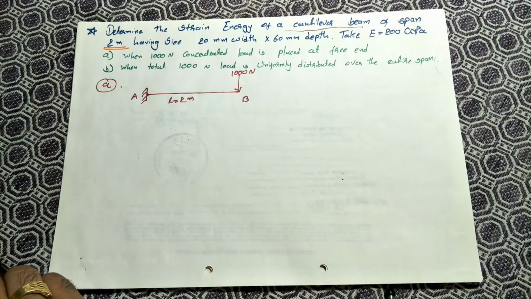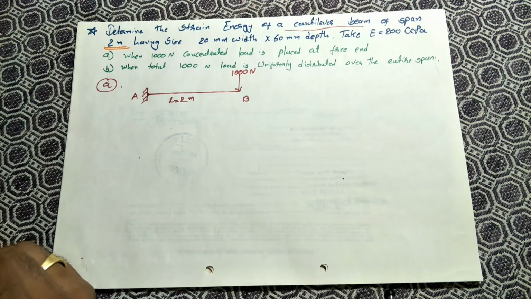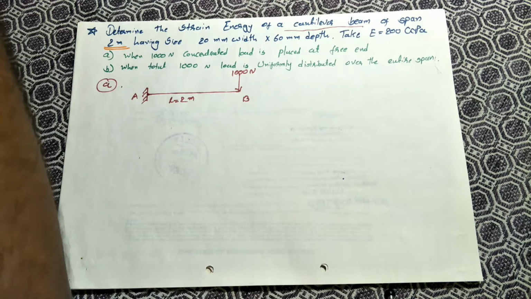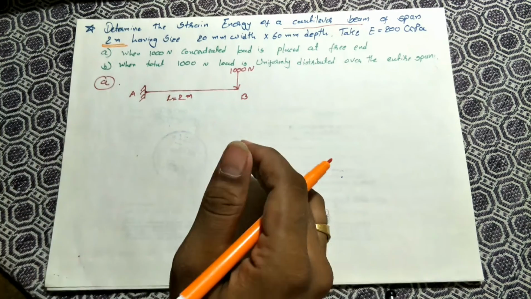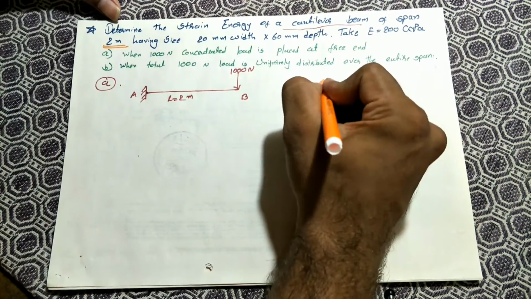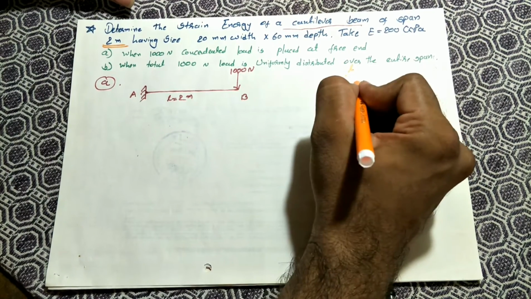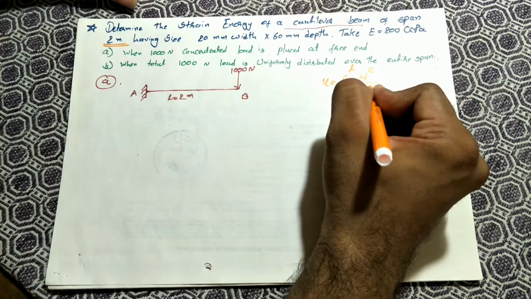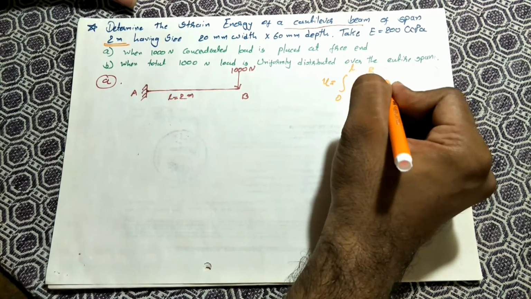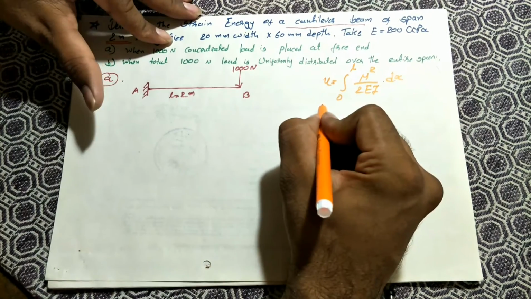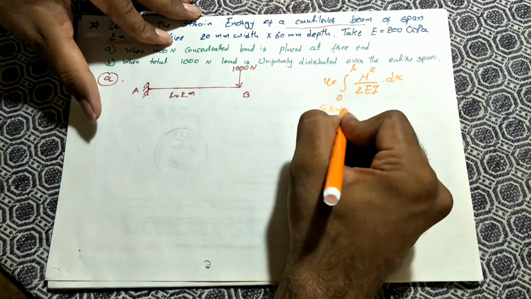So we already know that the strain energy for a beam due to bending or flexure is U equals the integral from 0 to L of M square over twice EI dx.